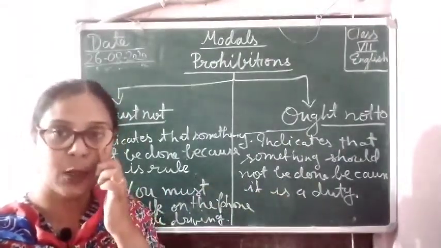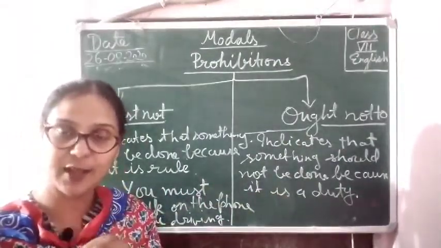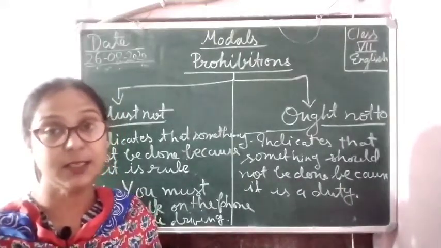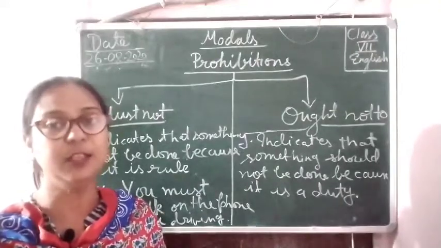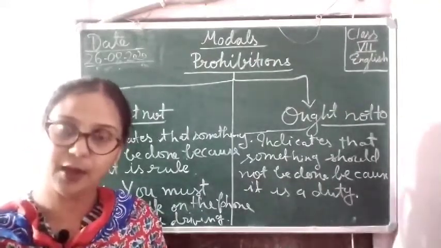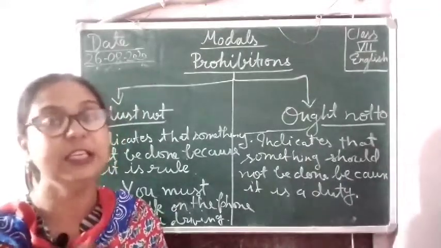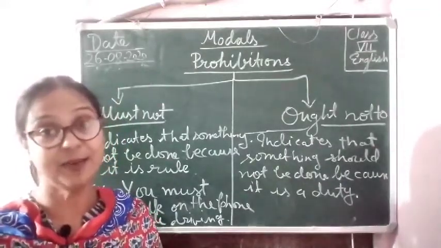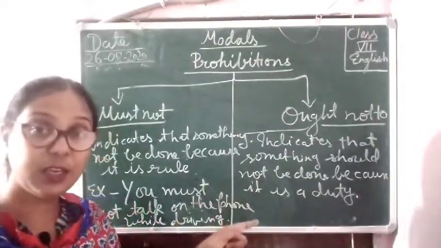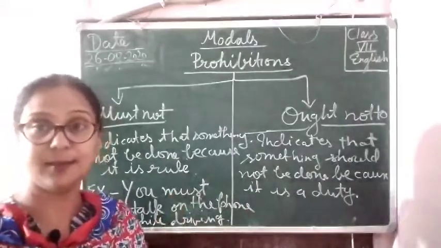So if I am telling you, you ought not to walk in the class while teaching, while learning. So it is your duty that you have to sit on the chair properly and you have to listen to the teacher. So that time we are not supposed to walk. So it is your duty to maintain discipline in the class.